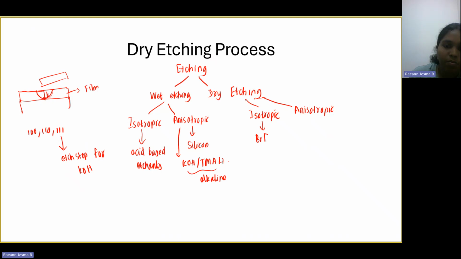If you are using plasma which is fluorine based, like CF4 or SF6, you can get anisotropic etching. The dry etching process is not sensitive to crystal orientation.